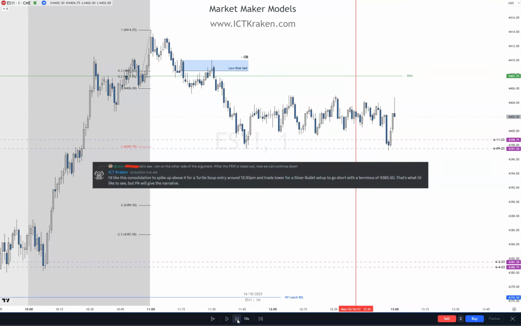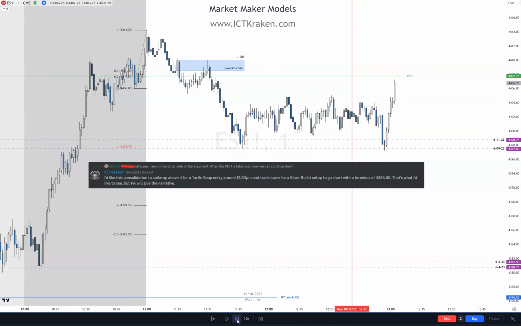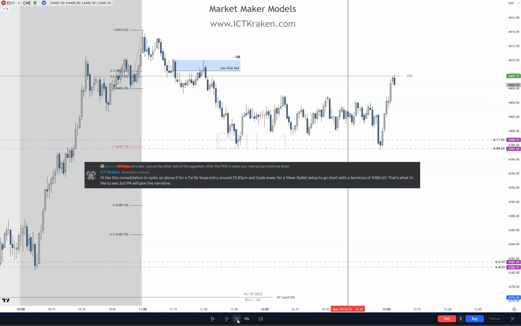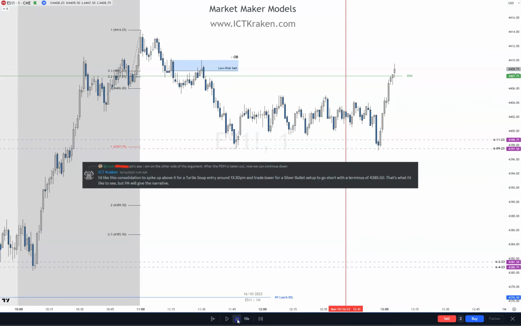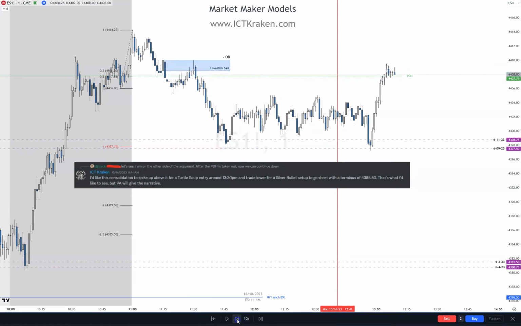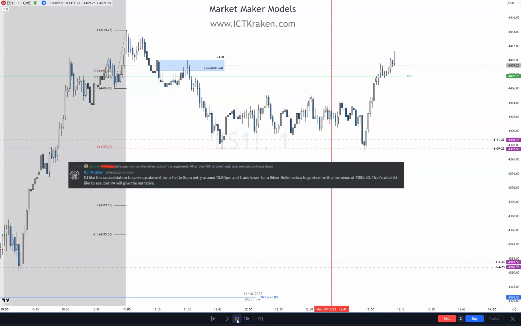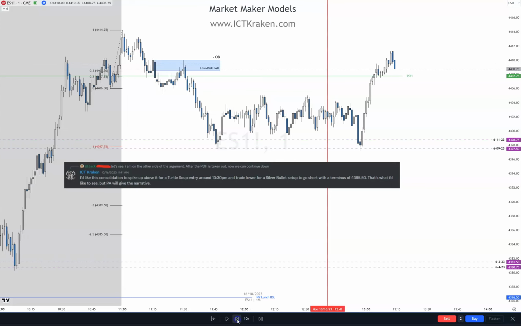Okay, I'm wanting to see a spike up. Okay, for me, that's the turtle soup entry.